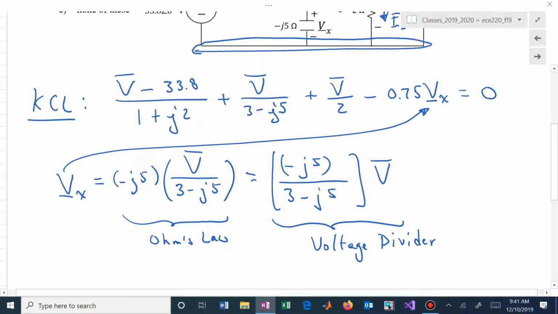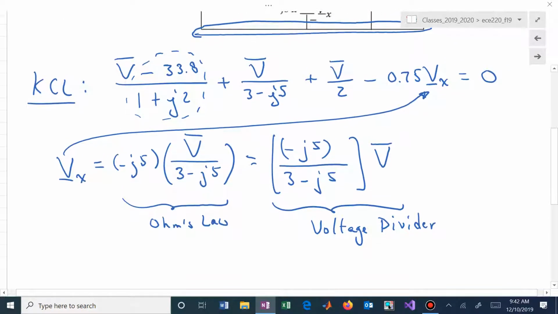You will now have this piece moved over to the right-hand side. You now have some mess of complex numbers scaling V equaling 33.8 over 1 plus J2. And that's a complex number.